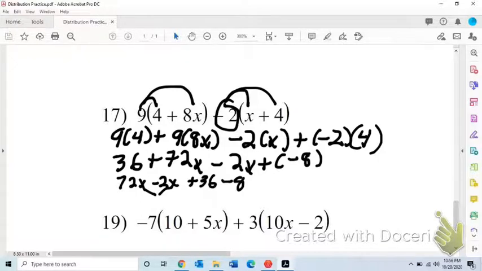That way I can go 72x minus 2x gives me 70x, and 36 minus 8 gives me 28. And that would be my answer, 70x plus 28.